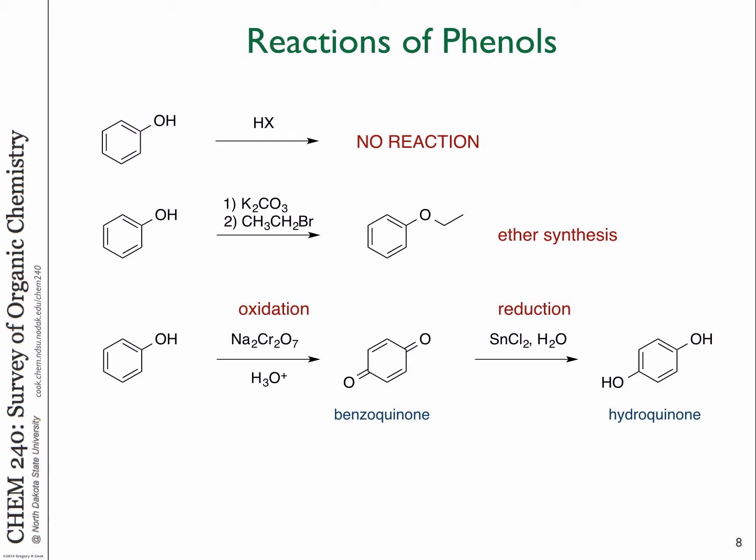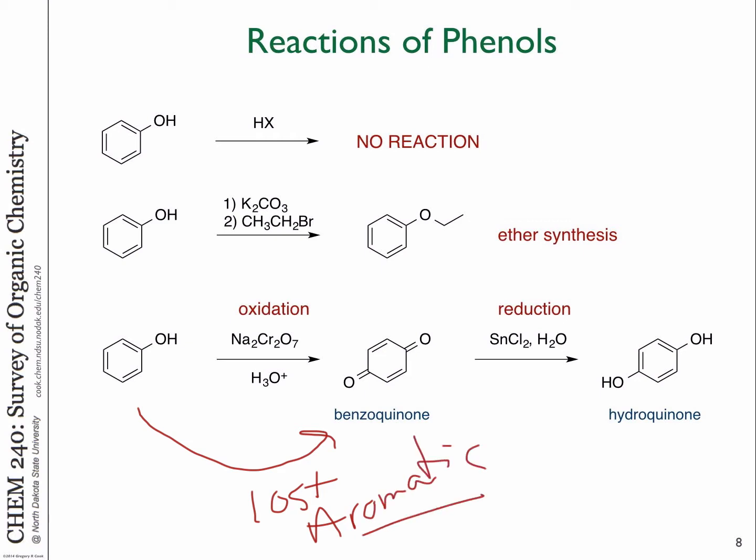Because what have we done in this oxidation of phenol to quinone? We've lost the aromatic stabilization. So it's pretty easy to reduce it under pretty mild reducing conditions to regain the aromatic stabilization.